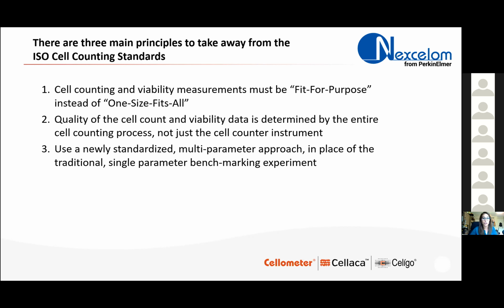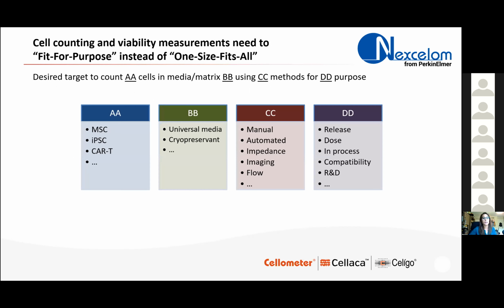So when you're looking at the most appropriate method, your fit for purpose, you have to consider what type of cells you're working with, what sort of matrix are they in, or media, what method are you actually using? So there are so many different cell counting methods out there. Nexcelom, we make imaging systems that are based on bright field and fluorescence-based images and software to assess those.